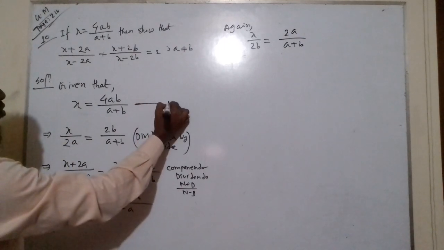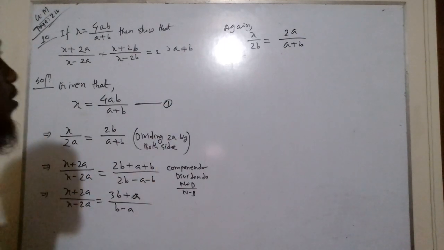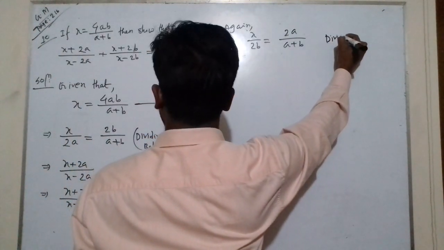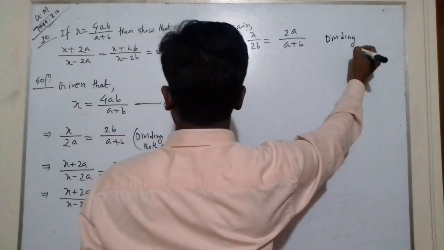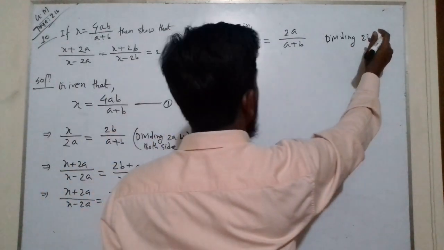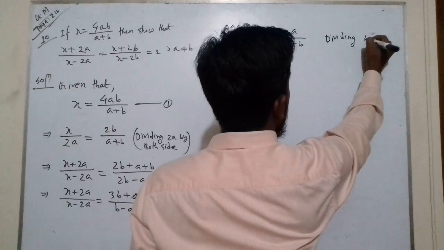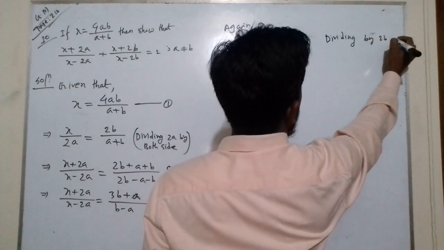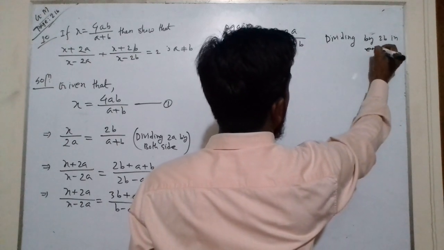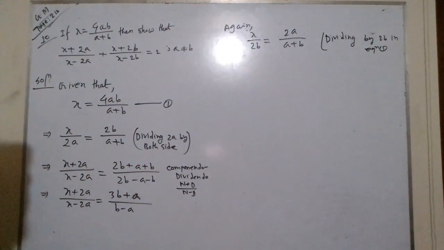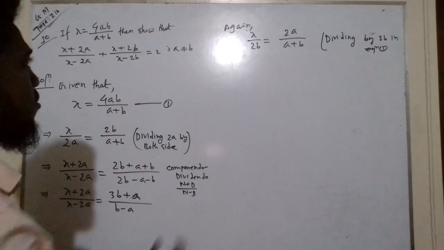Here we take equation number 1 and divide by 2b, dividing by 2b in equation 1. Okay, we can write this.